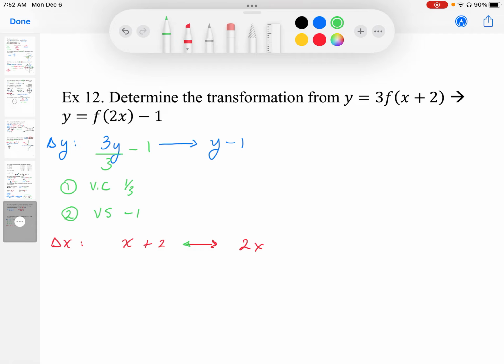So I want to see what happens to the original x to get to my 2x. So what I'm going to do is solve for this x here. So I'm going to get rid of that times 2 with a divide by 2.